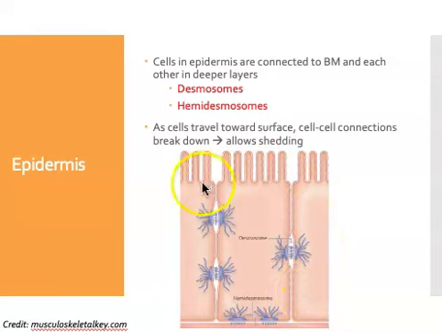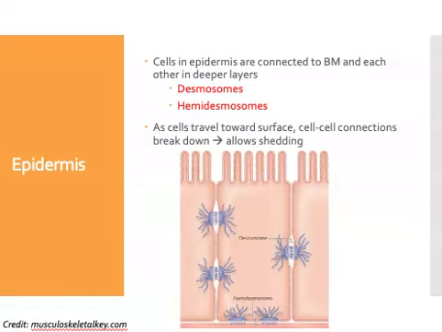We're going to find these structures in the epidermis between the epithelial cells. The desmosomes will connect the epithelial cells to each other, and the hemidesmosomes will connect them to their basement membrane. Now, as I said a few minutes ago, the specialized epithelial cells in the epidermis are the keratinocytes. And as they move from the basement membrane upwards through the different layers, they're going to have to break these connections.